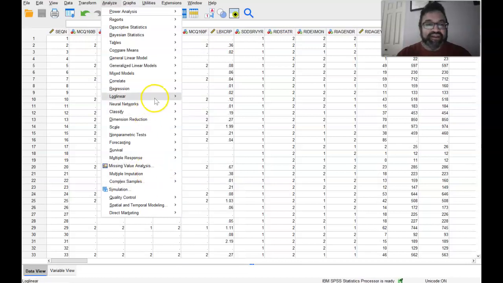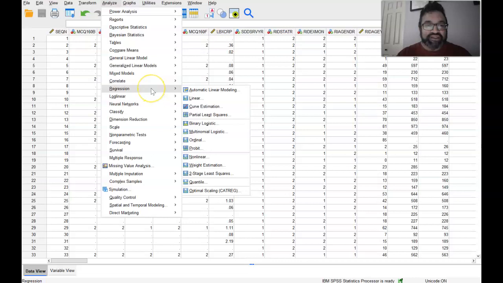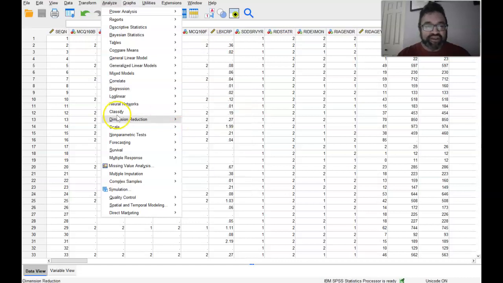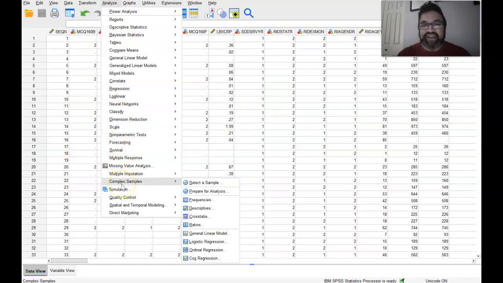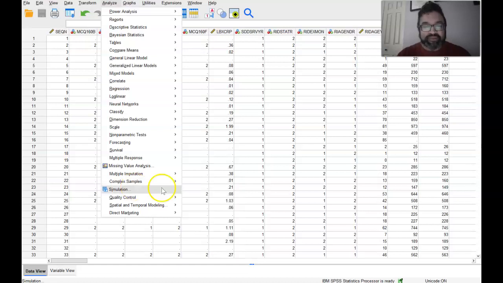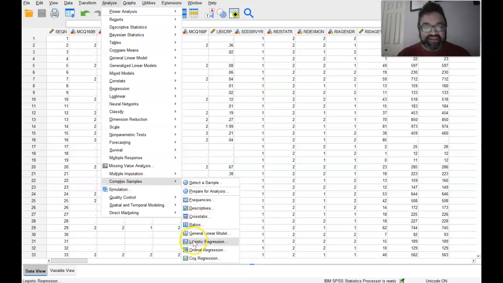Again, the normal regression is up here under Analyze, and you can complete a binary logistic regression here. But for our purposes, because this is a nationally representative data set, the National Health and Nutrition Examination Survey, we're more concerned with creating a complex samples logistic regression.